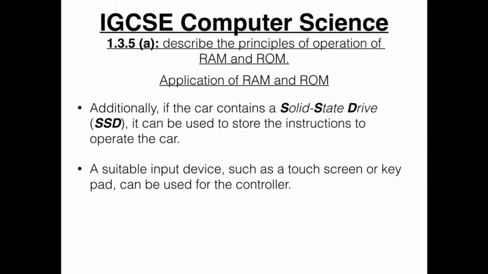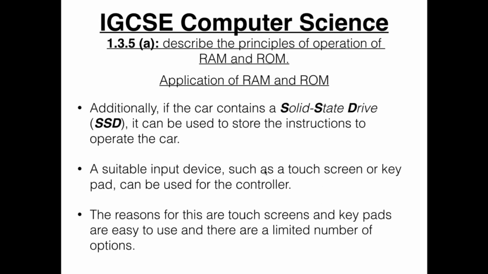And as for solid-state drives, you're going to learn about how they work in two videos from this one, so I'm not going to talk about that. And as for suitable input devices, we looked at input devices, and the reason why we shouldn't really use a keyboard or a mouse is that with a keyboard we have all these buttons when we really only need, I don't know, move forward, move backwards, turn left, turn right. That's pretty much it. Maybe increase speed.